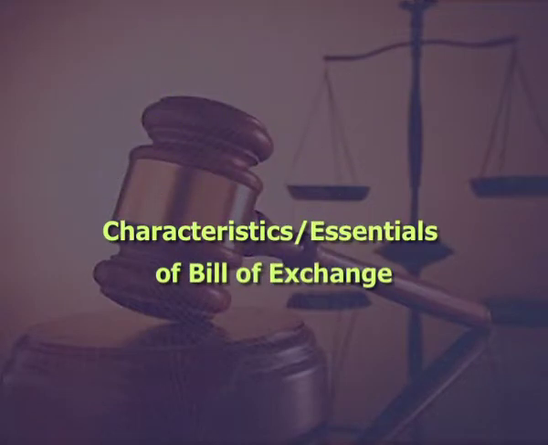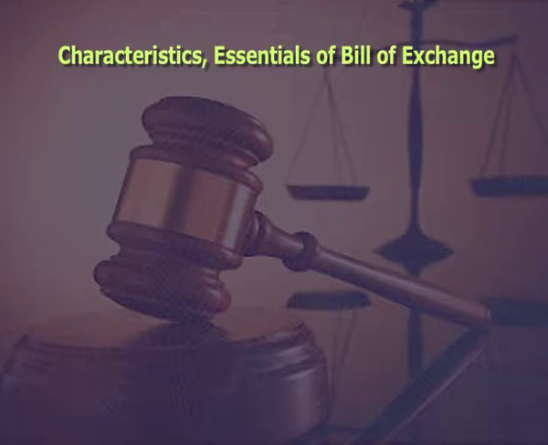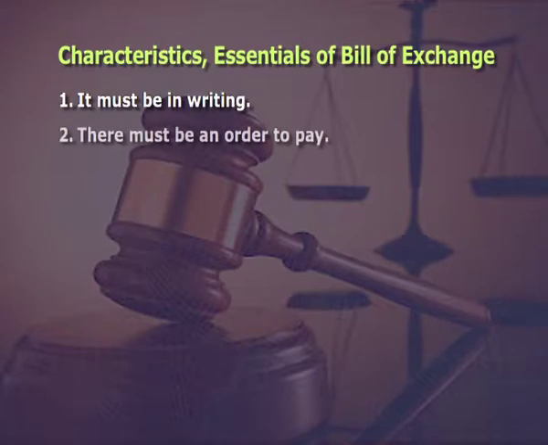Now, let's discuss the characteristics or essentials of Bill of Exchange. As you have seen the characteristics of promissory note, now let's discuss that of Bill of Exchange, which will be similar to it as they both belong to the same Act, so they tend to have similar characteristics. First, it must be in writing. Second, there must be an order to pay.